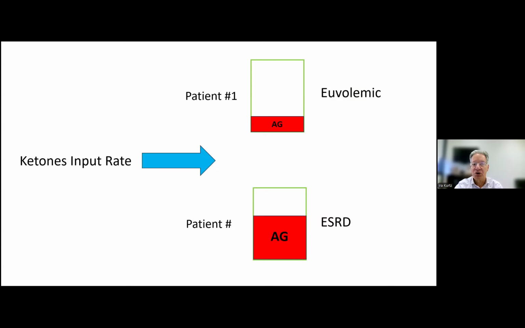And it's always worse as your GFR decreases. So either you have ESRD or you have severe hypovolemia from the osmotic diuresis or vomiting. Those patients are going to have a more elevated anion gap. And again, it's reversible. Sometimes you'll have a patient who's hypovolemic and you give them saline and you'll see the anion gap get better.